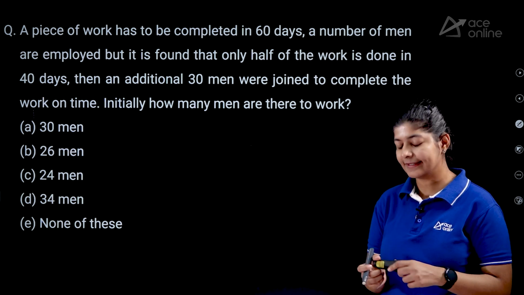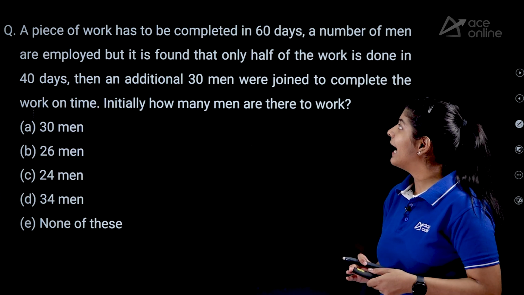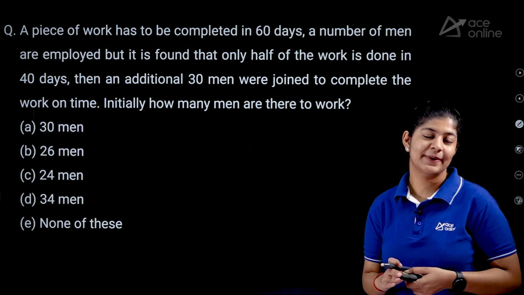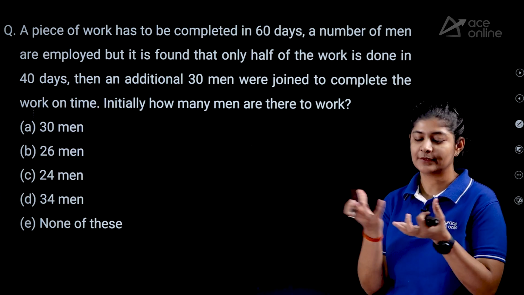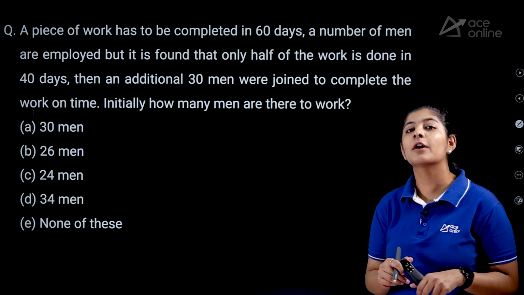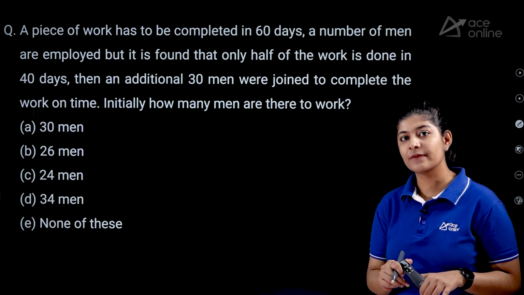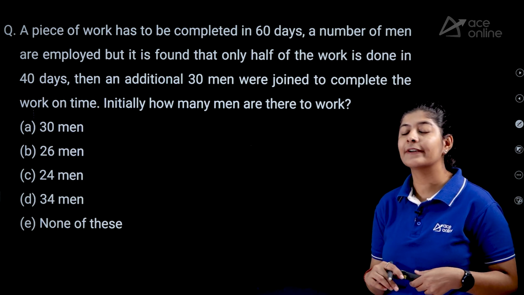But luckily here the work is same, because half work is done and half work is remaining. So the amount of work is equal to each other. So you can also apply the concept of same work. But whenever we are having these type of questions, we have to apply the concept of different work.